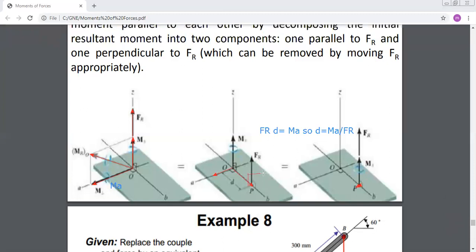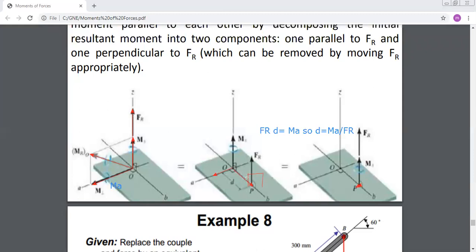I put them along F. This is my right hand. My right hand is facing the A axis. Now, put your four fingers in the direction of the force. Your thumb will be directed in which direction? It will be like this.